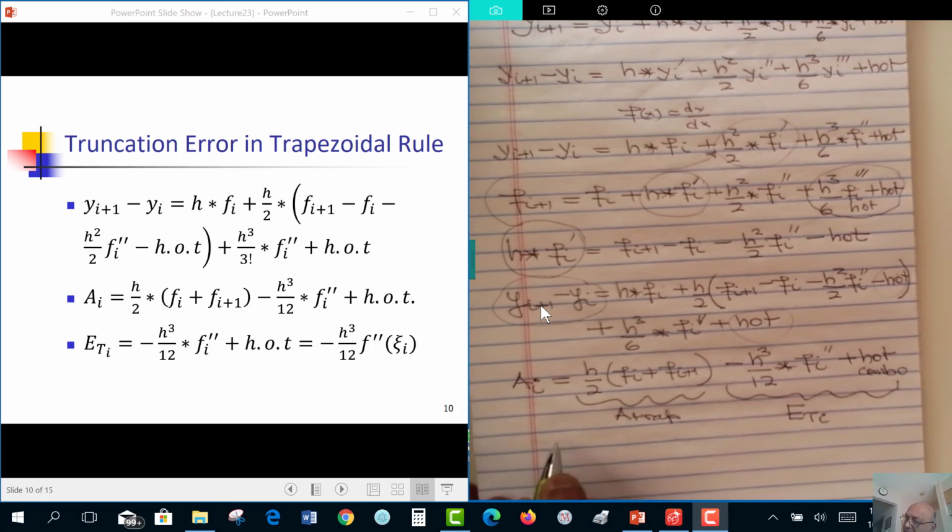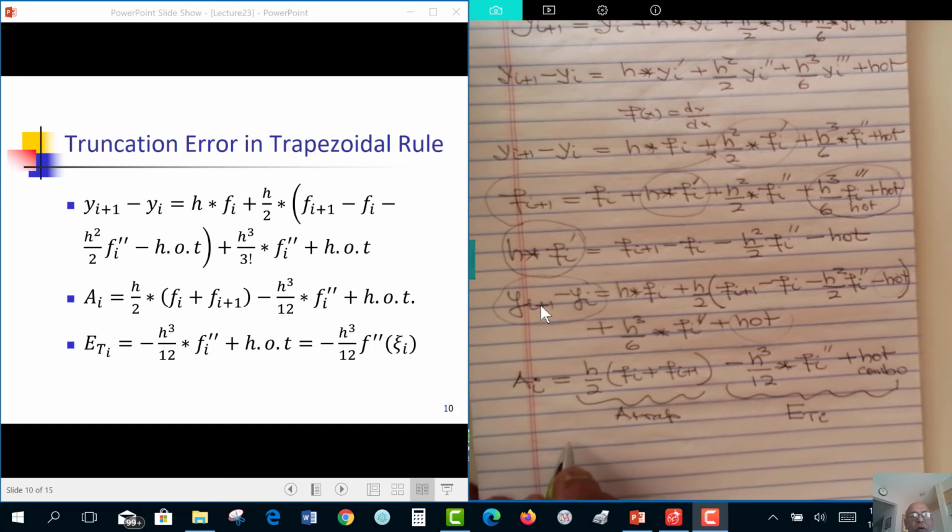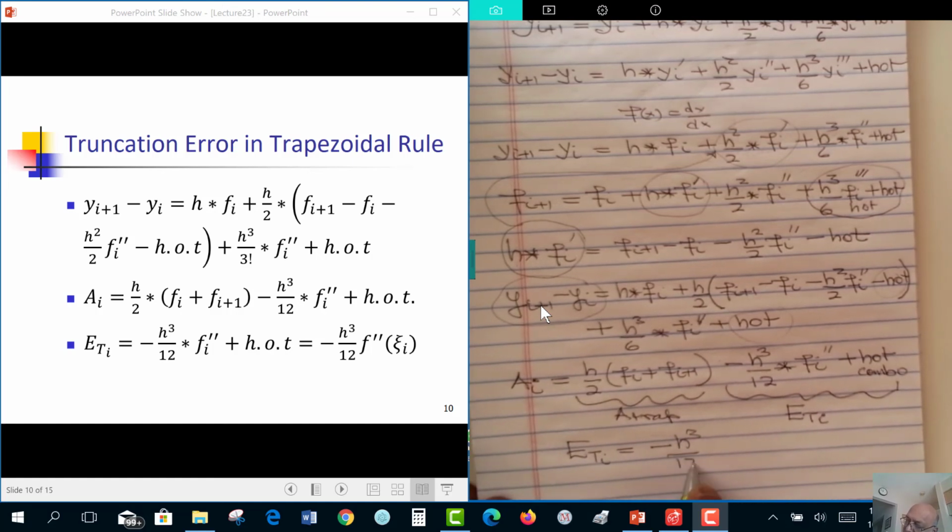So this is our trapezoidal estimate, and this is our truncation error in ith strip. Since we don't know what these higher order terms would look like, just like we did before, we will say ETi is minus h cube over 12, and this second derivative we'll find at some zeta i. We don't know what the zeta i is.